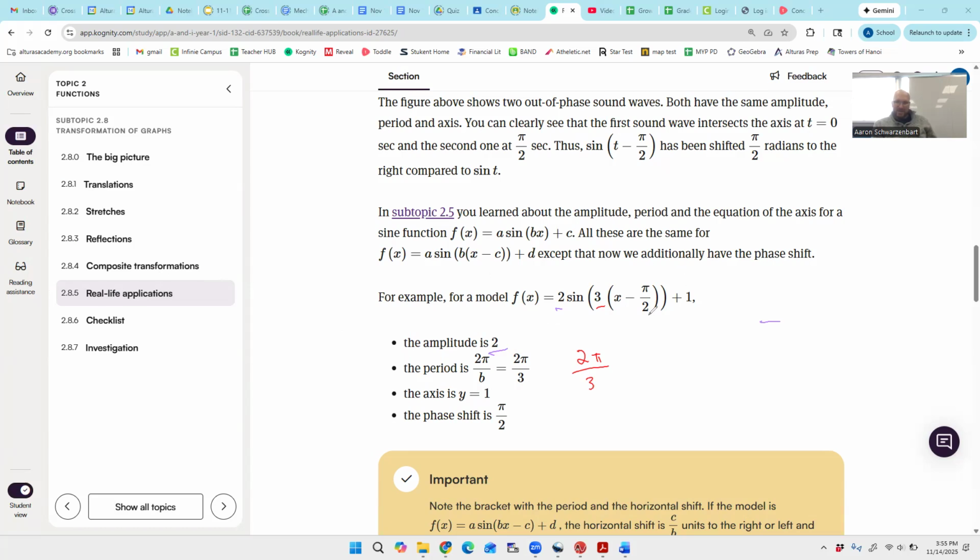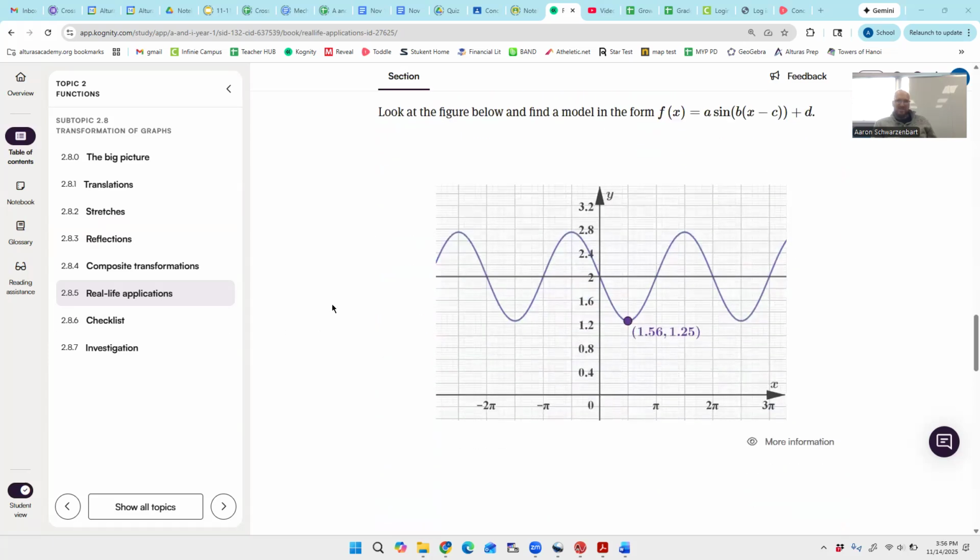I know that its phase shift, since it is factored out, is pi over 2, and its principal axis is 1. Those are very important things to note about the graphs of sines and cosines, being able to identify those things.